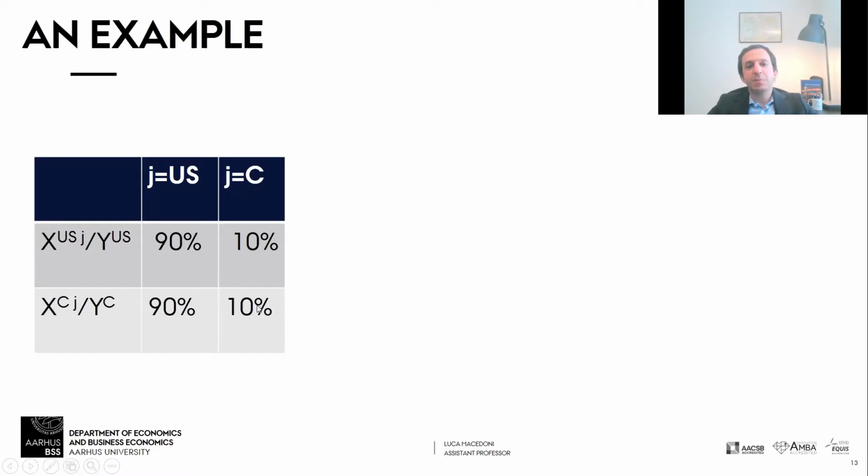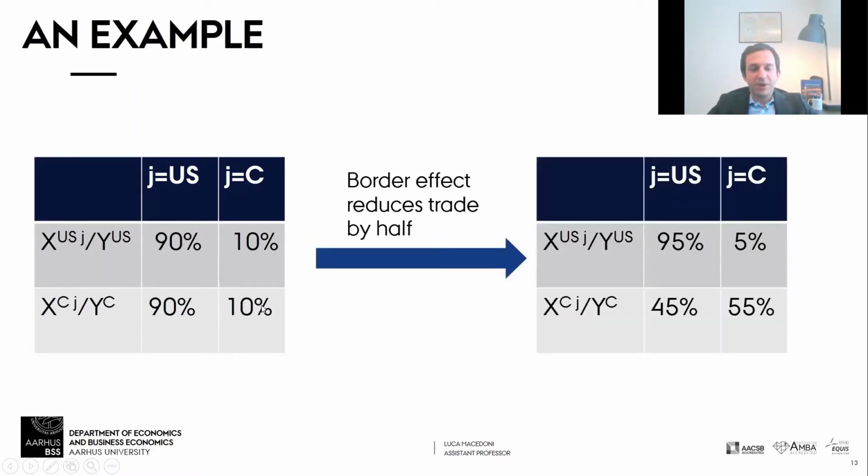Now suppose that there's a border created between the two countries that reduces trade by half. Okay? So what does that mean? Well, that means that for the US, you used to export 10% of your total production to Canada, and now you only export 5%.